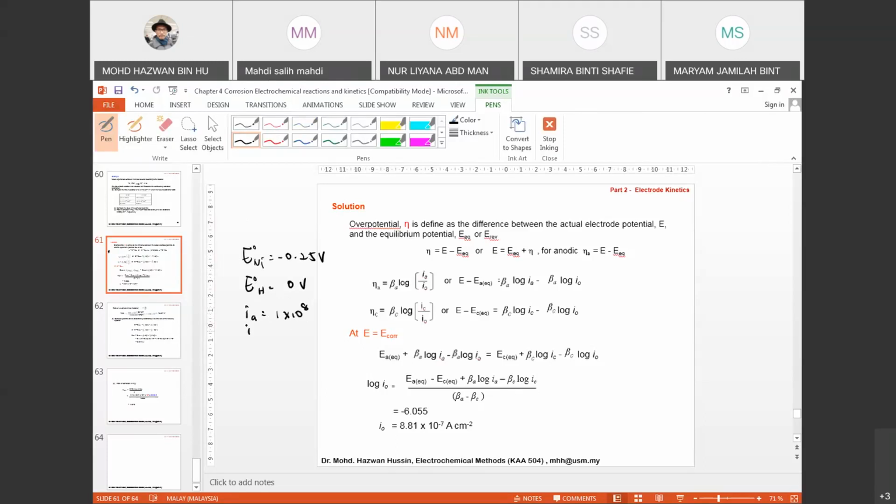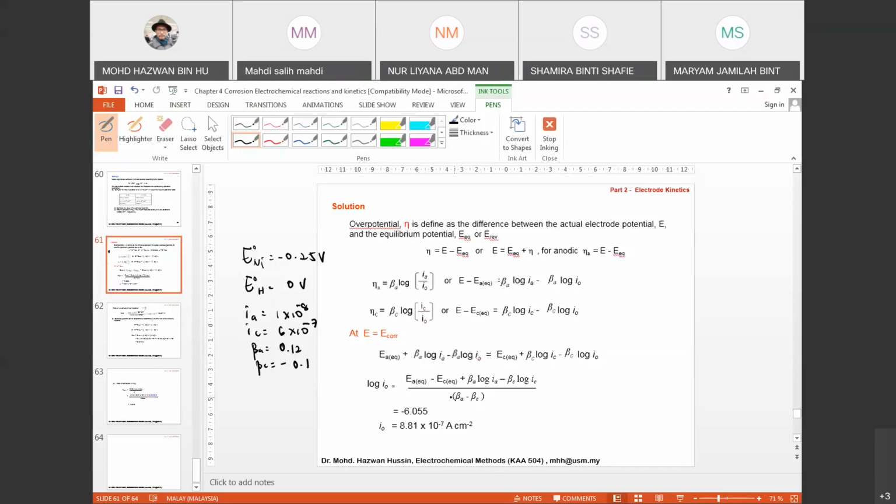And then cathodic? 6 times 10 power minus 7. Beta A is 0.12. Beta C is minus 0.1. Okay, all right.